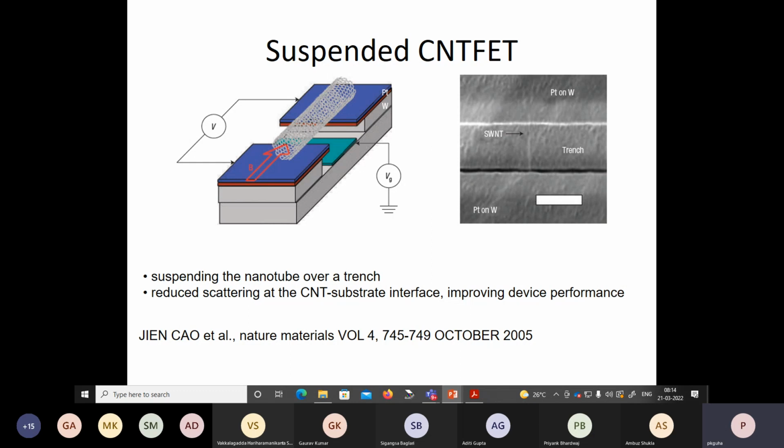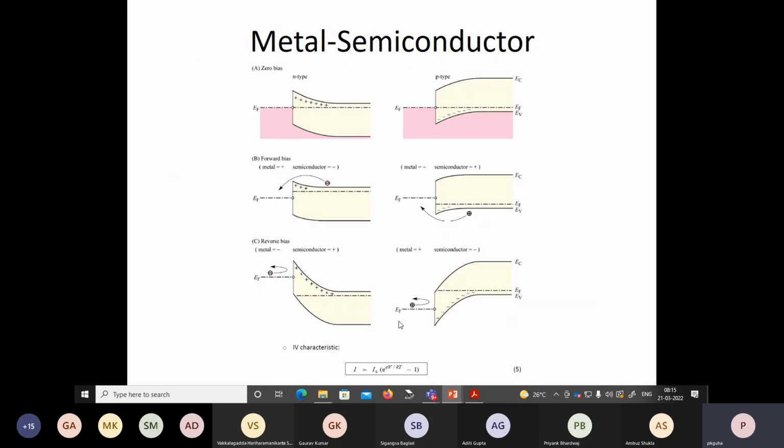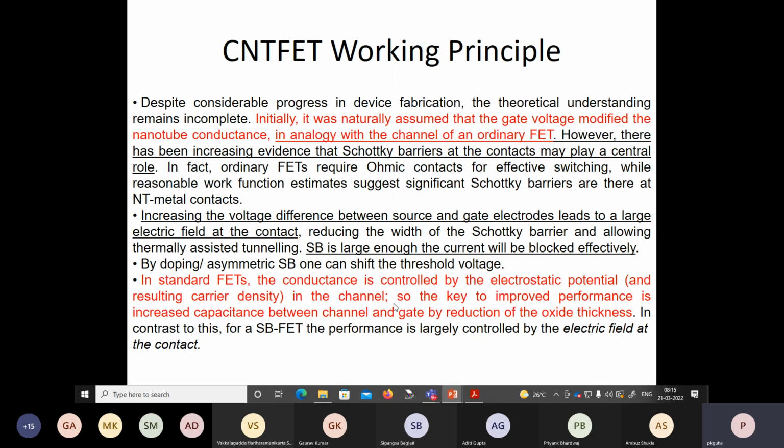So these are the things we have discussed, and we then mentioned that CNT shows ambipolar behavior, because of the way it works. It can be a p-type FET, or the same CNT FET can be an n-type FET. So both FET behaviors you can see. This is why it is called ambipolar behavior or ambipolar FET. And then we mentioned the working principle. The popular belief is that a CNT FET works because of thinning of the Schottky barrier.